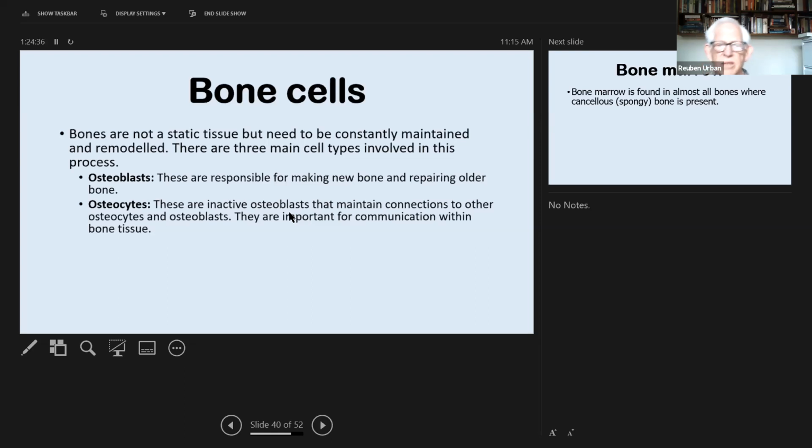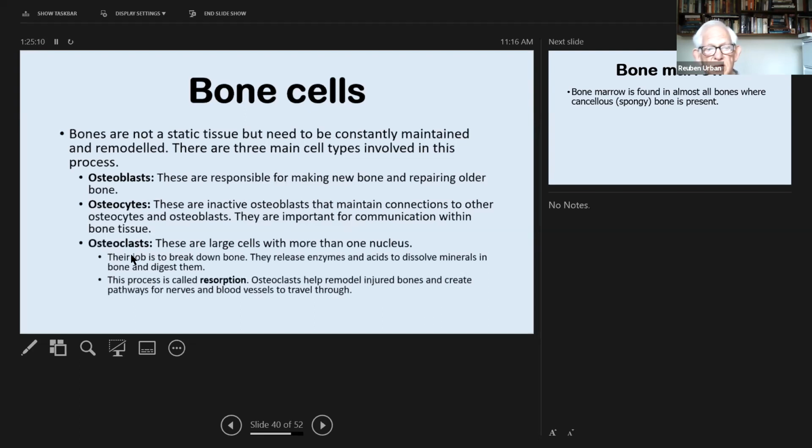So the ones that are waiting in line, they're inactive, and they're all connected together, and there's a stack of hormonal communication within bone tissue, because the bone tissue needs to know within itself when to make new bone, when to break down old bone, and of course the blood making process is involved. Then there's a third set of cells. So the osteocytes become the osteoblasts.